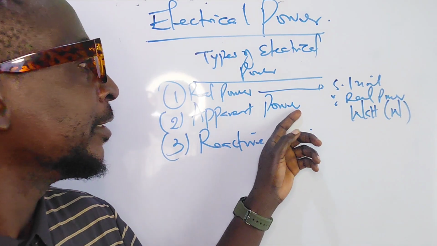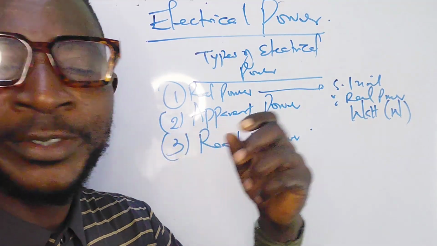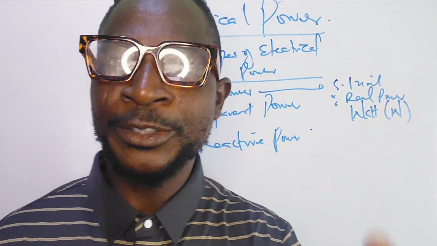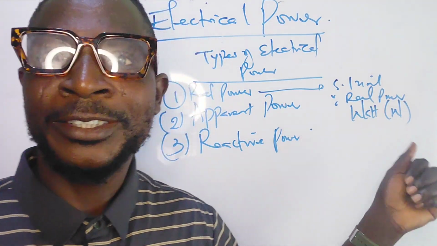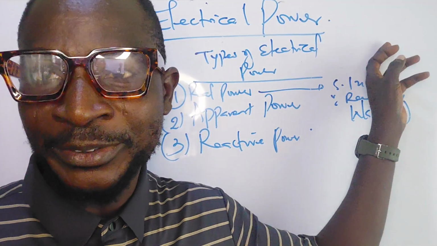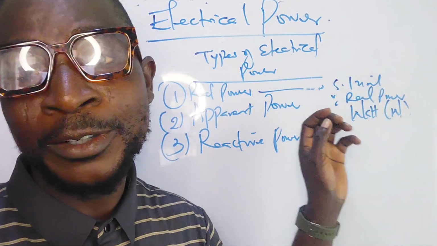Please take note of this. So this is the main power. You know, the power that comes from your source, it is not everything that is usable. So the part that is usable, that does the job in your electric circuit, is what we call real power.